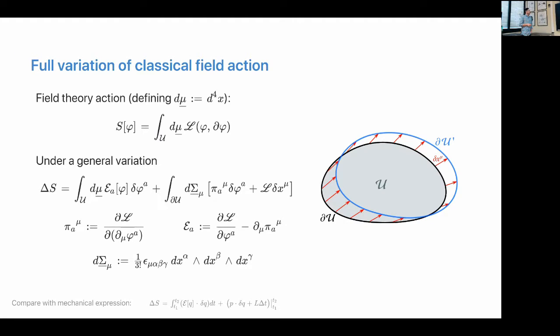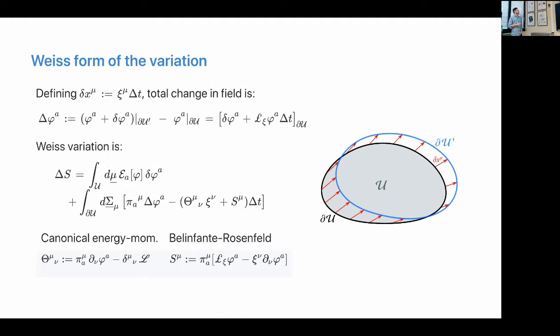So how do we get this expression into the Weiss form? Well, what we do is we define this infinitesimal displacement vector in terms of some vector field times some parameter, which I've suggestively called delta t.